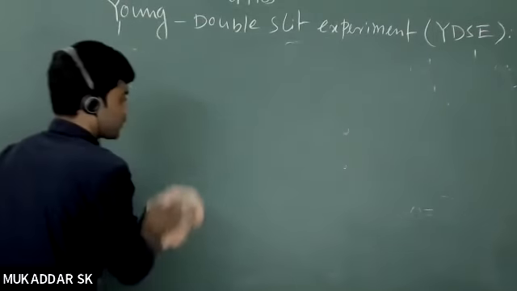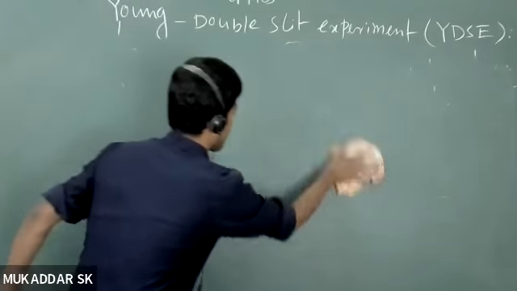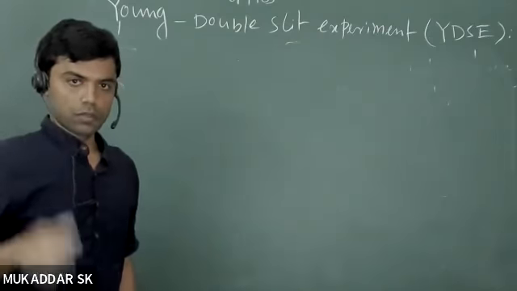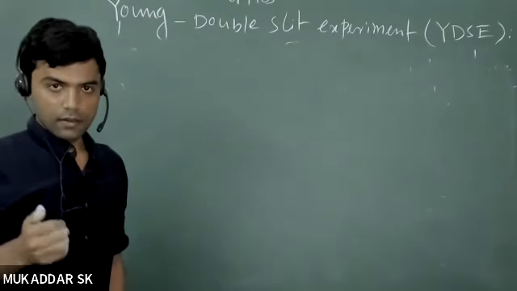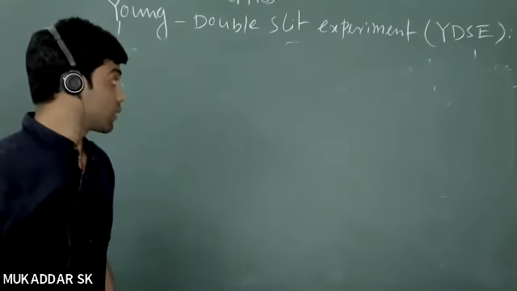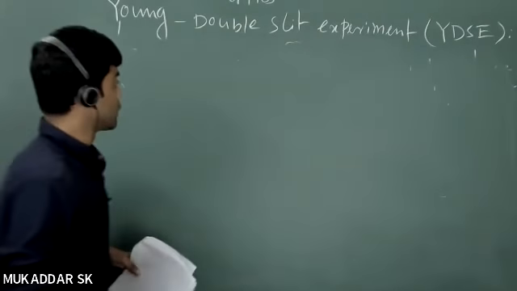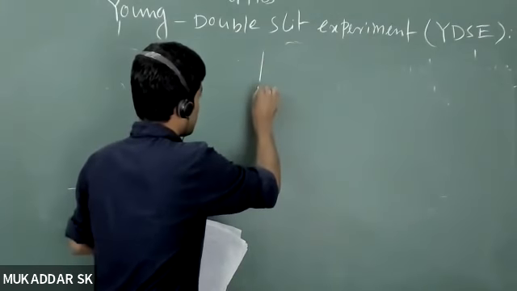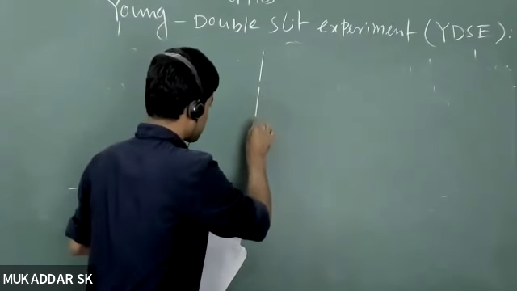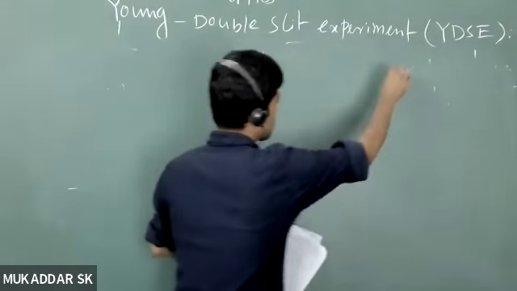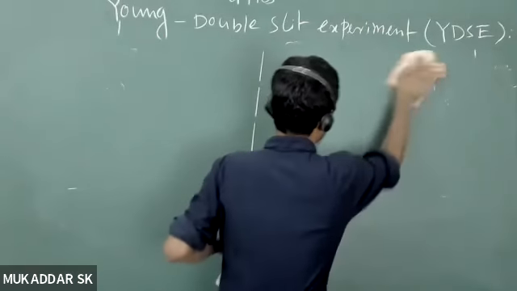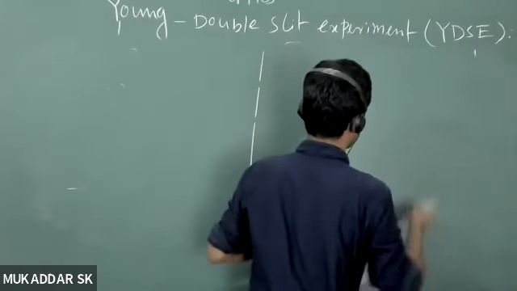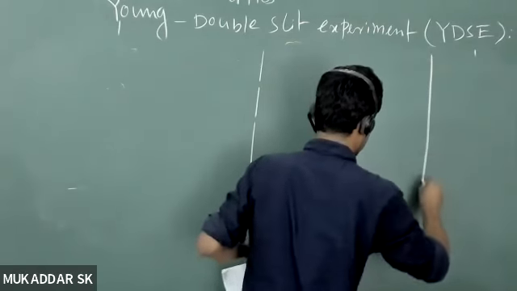Now another part of this Young's double slit experiment. Suppose you are calculating the resultant amplitude or intensity at point Q. So how will you calculate? Again I am drawing the same kind of diagram.